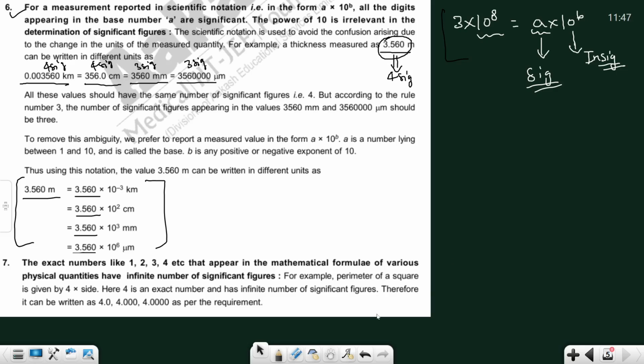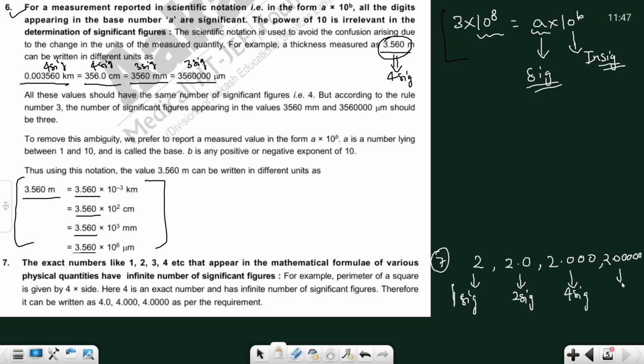For example, if you are writing 2, you can write 2, or 2.0, or 2.0000, or 2.00000. This one has one significant figure, this has two, this has four, and this has five or six. So an exact number may have infinite significant figures.